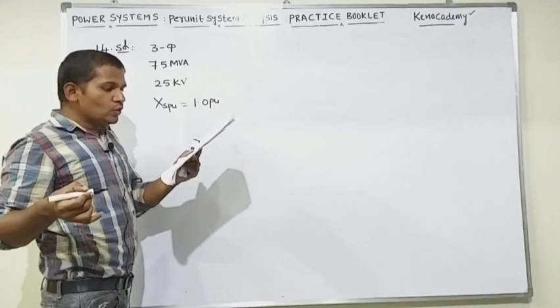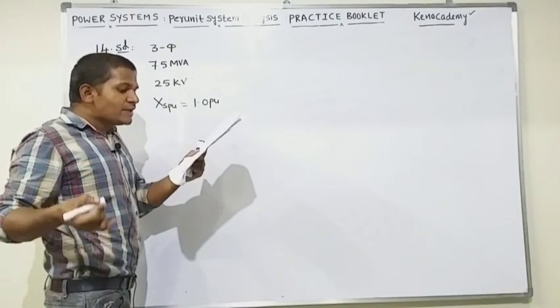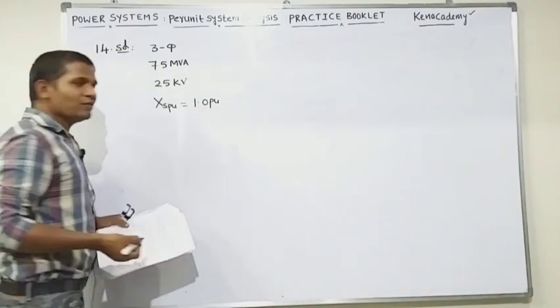The per unit value on a 90 MVA base and 30 kV, again the same formula.